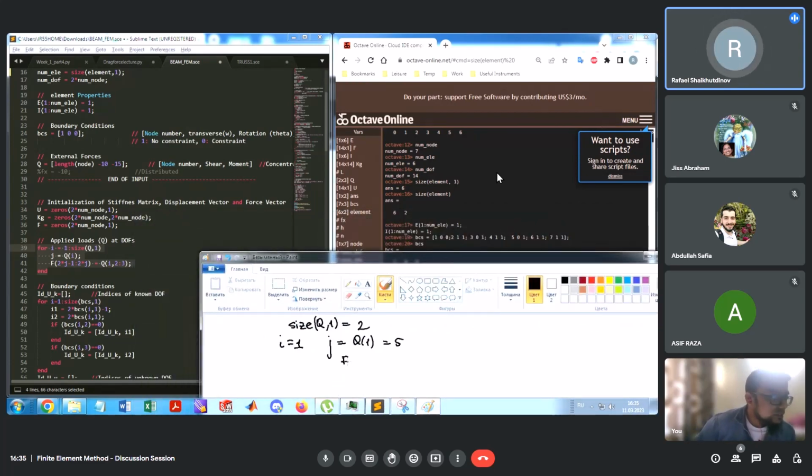And we are filling F in the global degree of freedom where this 5 will be. So 2 times 5 is 10, minus 1 is 9, so 9 and 10.